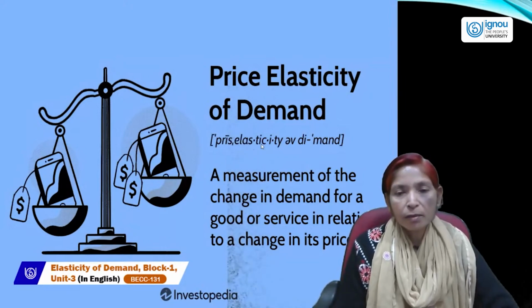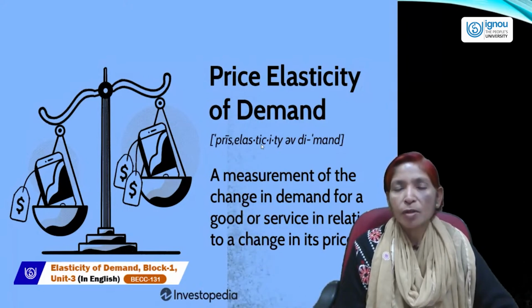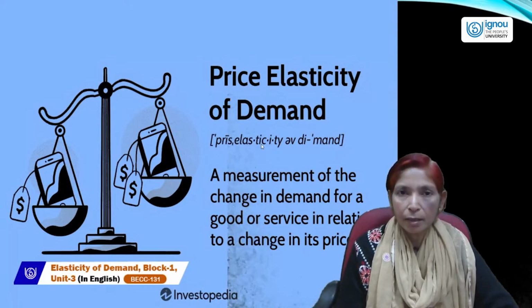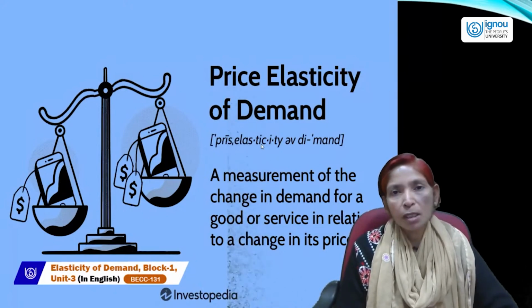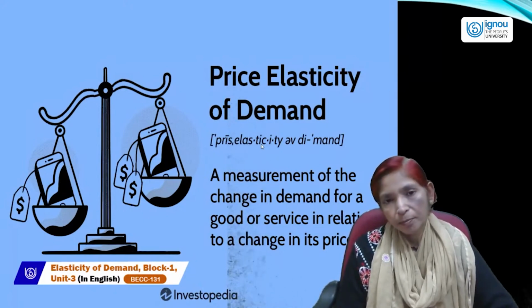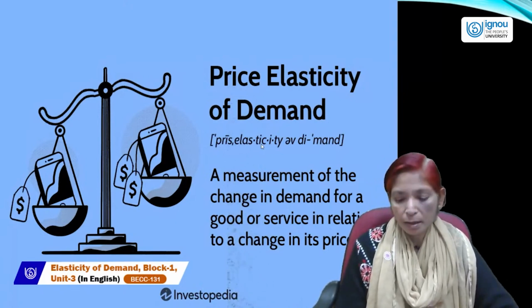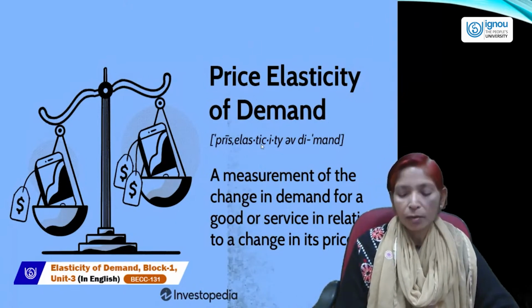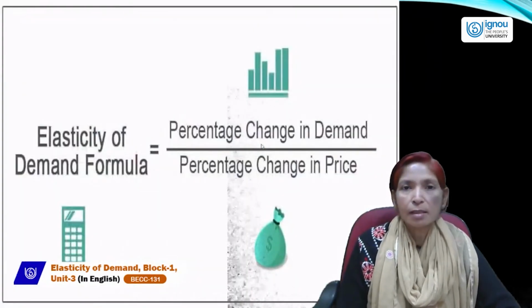In other words, we can say that price elasticity of demand refers to the degree of responsiveness of change in quantity demanded due to change in its price, and it is calculated by a given formula like this.